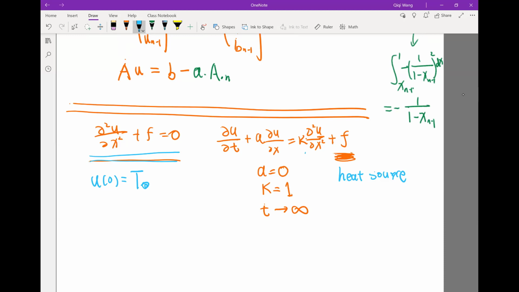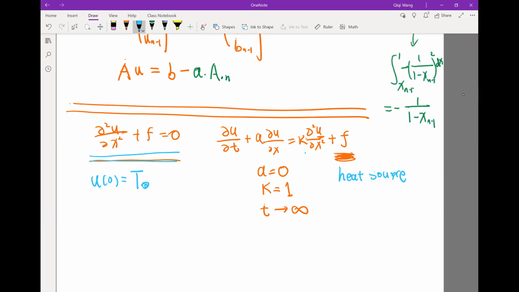For example, instead of specifying a temperature on the left side, what if I specify a heat flux, which is how much heat I put into the left boundary per unit amount of time? What kind of boundary condition would that correspond to?